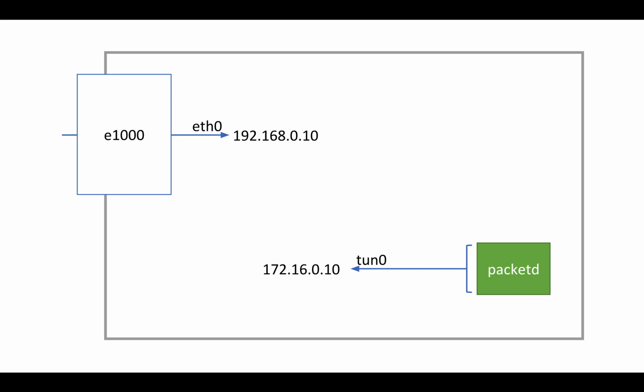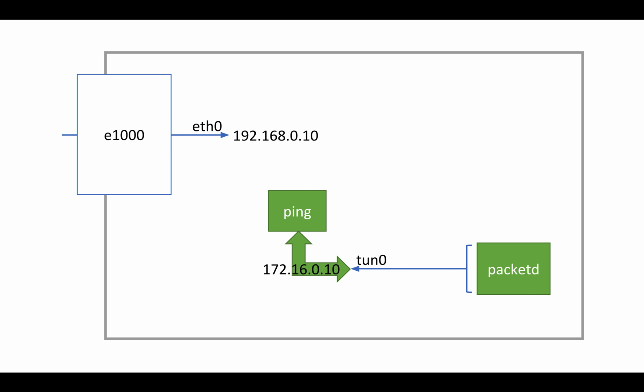As I say, this thing can be given an IP address, say this is now 172.16.0.10. And you'll notice we've changed its name to tun0, because there's a name for this type of interface, which is, if you will, a virtual interface, an interface that's not backed by actual hardware, but is instead backed by a user space process, and that's a tunnel.